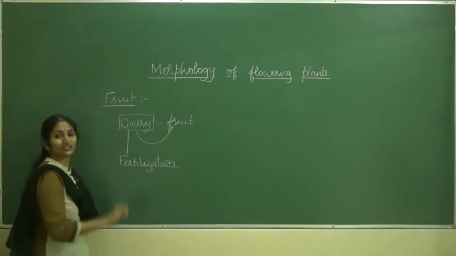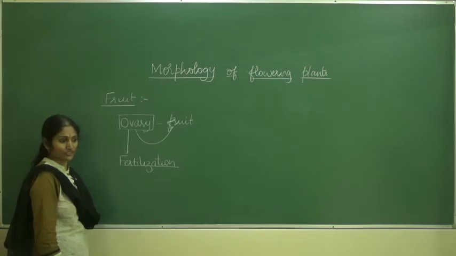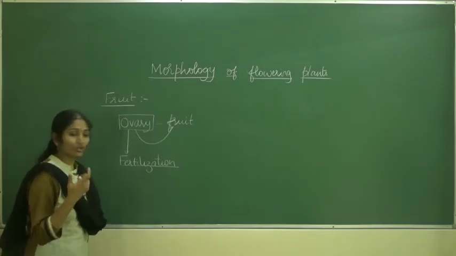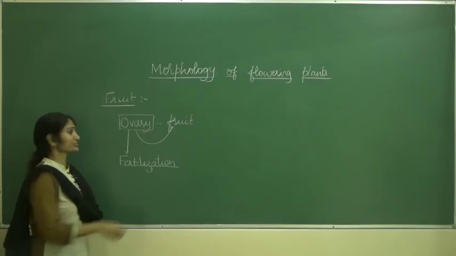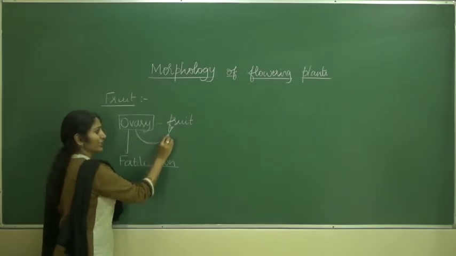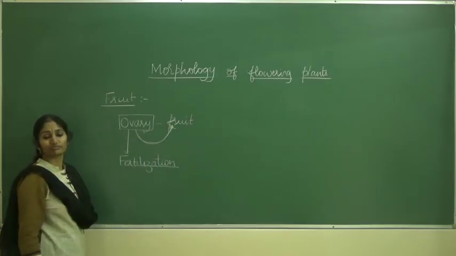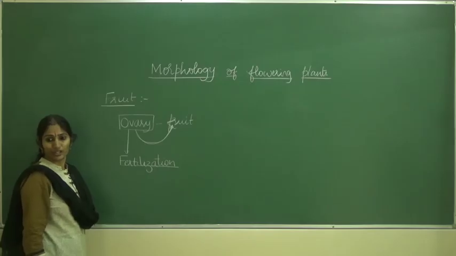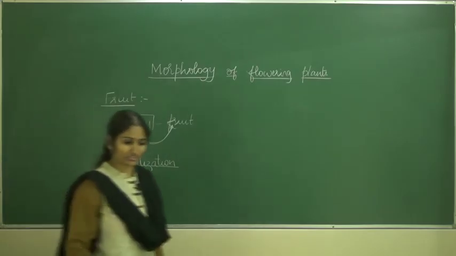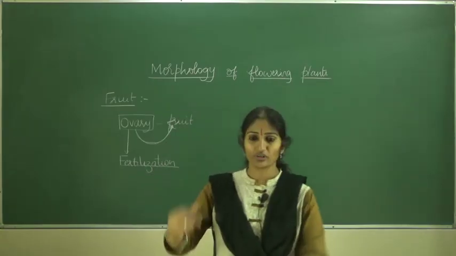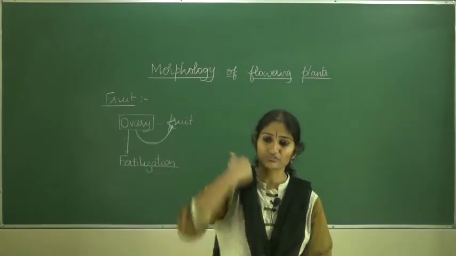Now after fertilization, there would be some morphological changes in the ovary, and these morphological changes will finally help in the formation of the fruit. Okay. Now this kind of fruit is something that we generally see. This is how the fruits are generally formed.